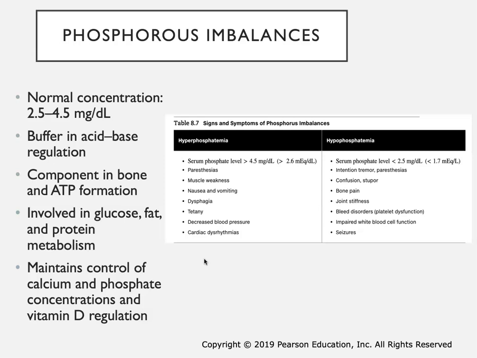Let me just see if I missed anything. I guess we're good, right? So this last bullet point here is kind of going along with, again, if you look at that figure a couple slides ago where I explained the role of parathyroid hormone, this kind of fits in with that.